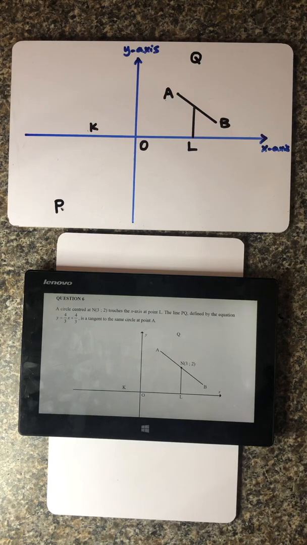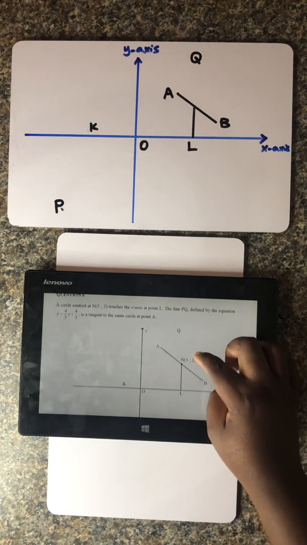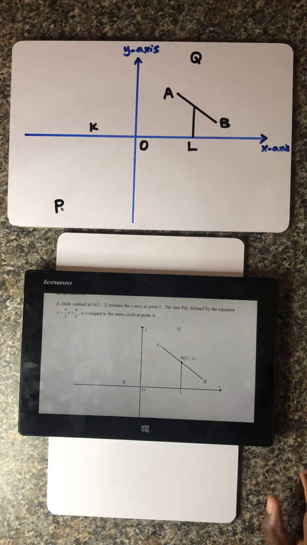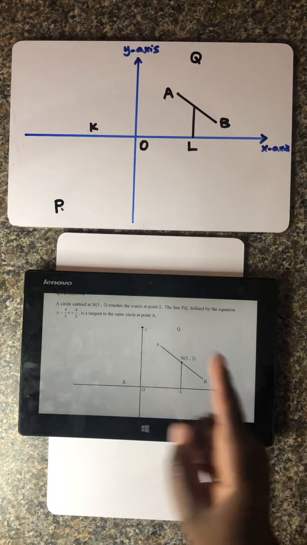Okay, so ladies and gentlemen, for today's lesson, we'll be looking at a very interesting question which is going to cover most of the stuff that you need to know before you write your mathematics paper 2. As you can see, I've tried to draw that graph by hand.